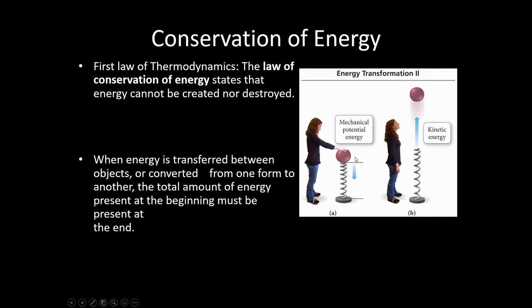So the energy that was put into the spring is no longer there. So it's been transferred into the bowling ball, which is now shooting through the air. Not only has the energy been transferred, but it's also been transformed. It's been changed from one form of energy into a different form of energy. So it was changed from the mechanical energy in the spring to kinetic energy as the ball is moving through the air. And we do this literally all the time, constantly.